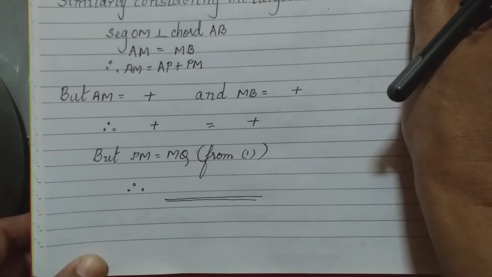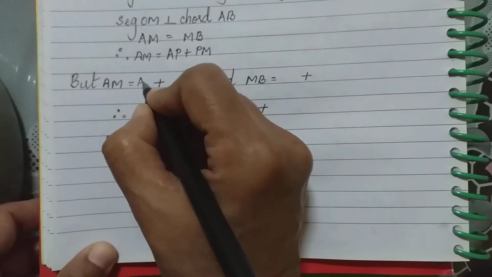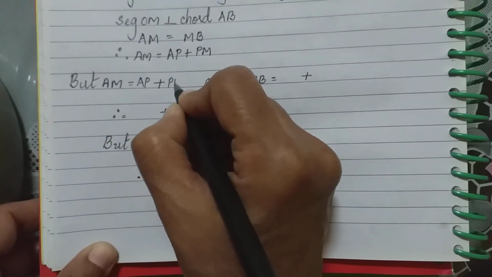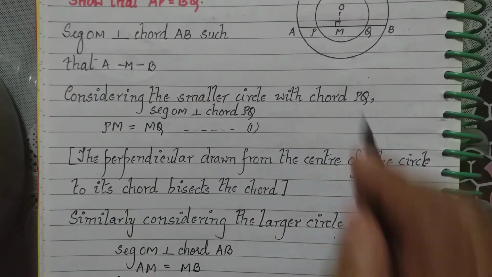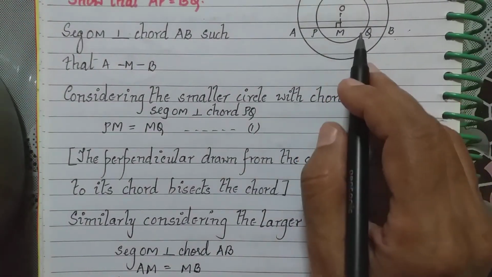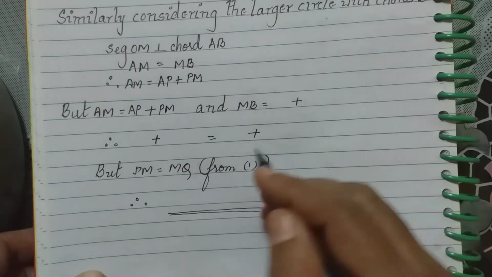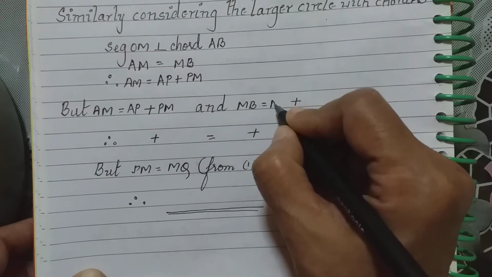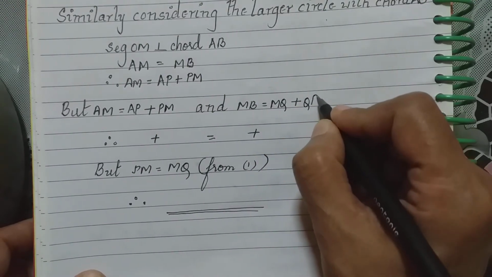So we write here AM equal to AP plus PM, and if I take MB, look at the figure, it is made up of MQ plus QB.